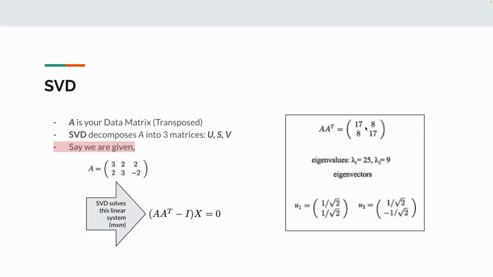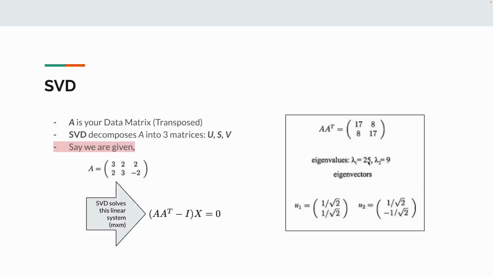This is a 2 by 2 matrix, if you recall what we did in our PCA presentation. So just keep in mind that this will be A A transpose minus lambda times identity matrix times X. You have to solve this equation, and then you will get 2 eigenvectors and their corresponding eigenvalues, okay?